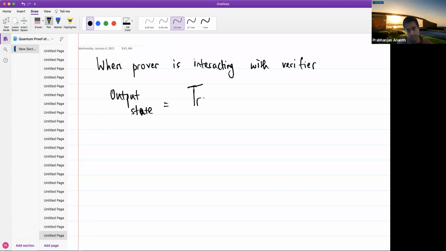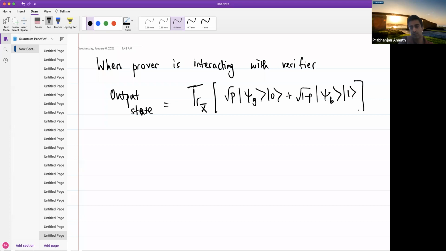Let's say its private register is register X. So you trace out everything except X in the state square root P psi good 0 plus square root 1 minus P psi bad 1.